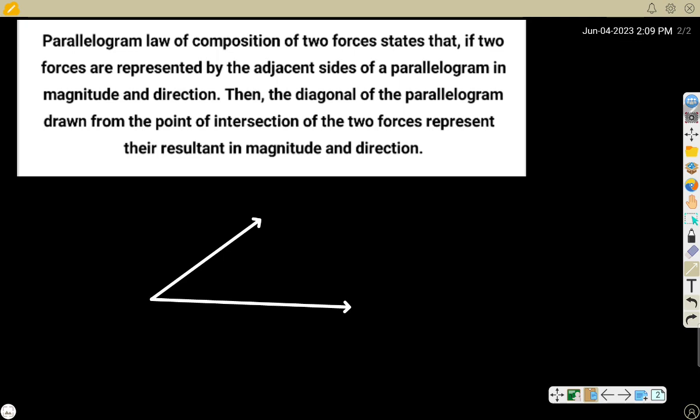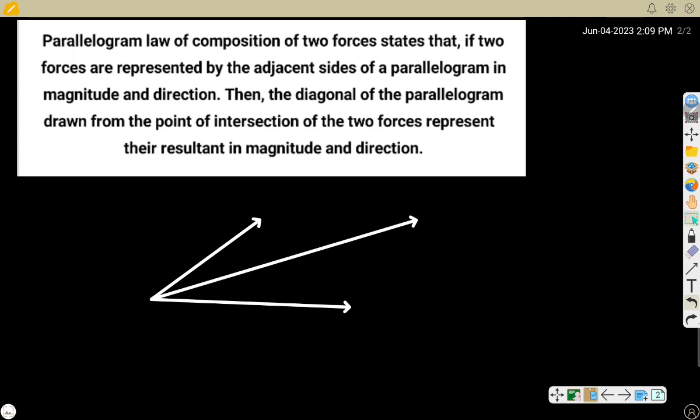This is the point of intersection of the two forces. So the diagonal drawn from this point of intersection of these two forces represents their resultant in magnitude and direction.